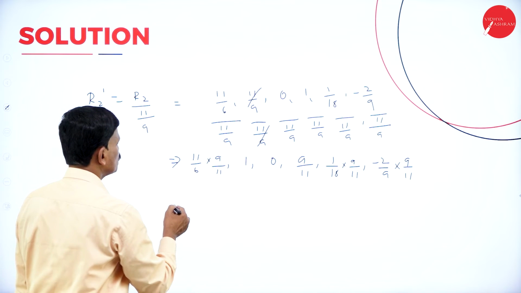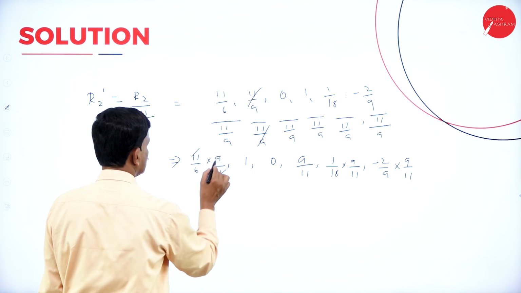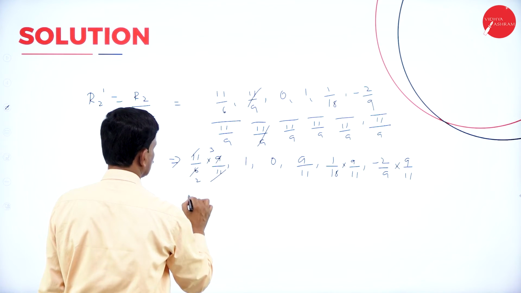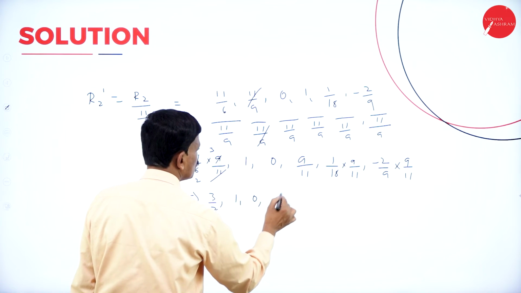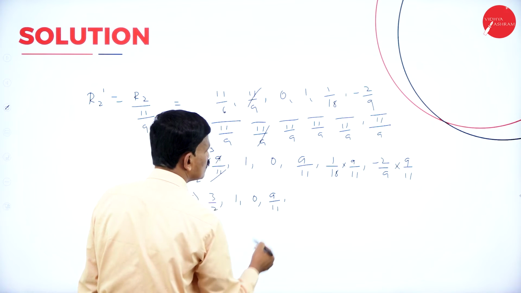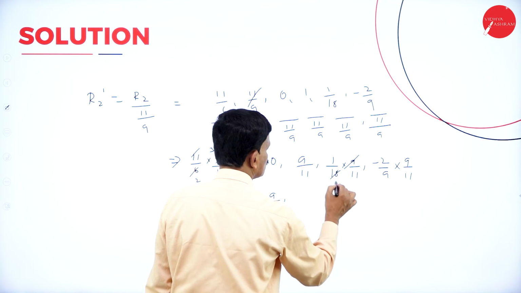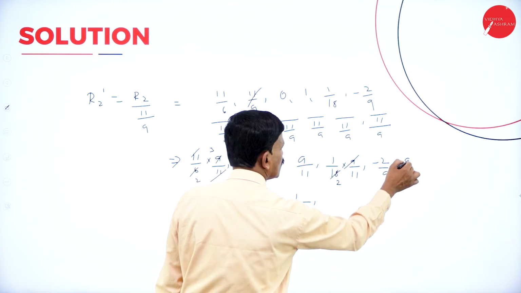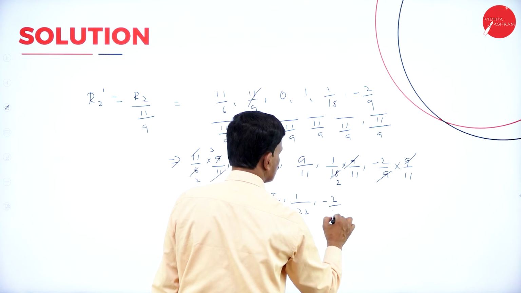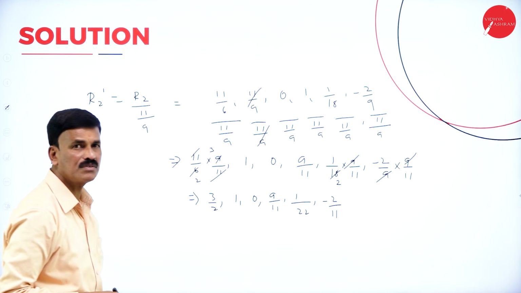Simplify this. Here 11 gets cancelled. 3 3s are, 3 2s are 3 by 2 is the first element. 1, 0, 9 by 11, and here 9 2s are 18, 1 by 22. Again 9 gets cancelled. Minus 2 by 11. These are the values we will get.